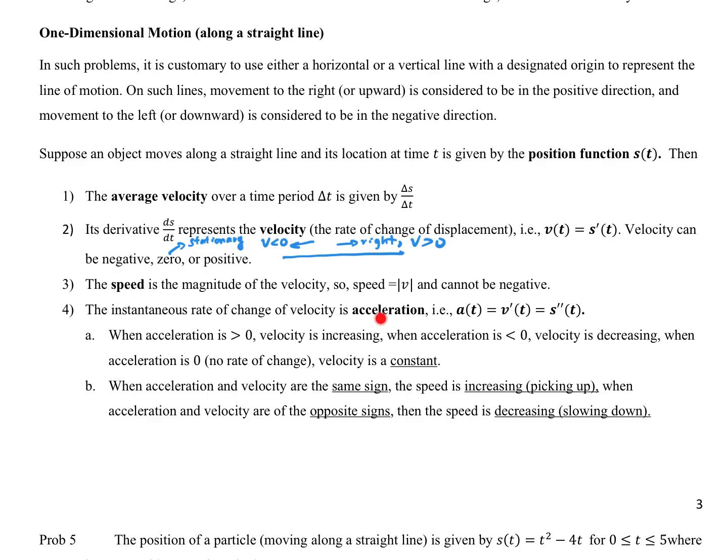The instantaneous rate of change of velocity, that means how fast the velocity is changing, is called acceleration. Because this is the rate of change of velocity, it should be the derivative of the velocity. So acceleration, denoted by a(t), is the derivative of velocity.